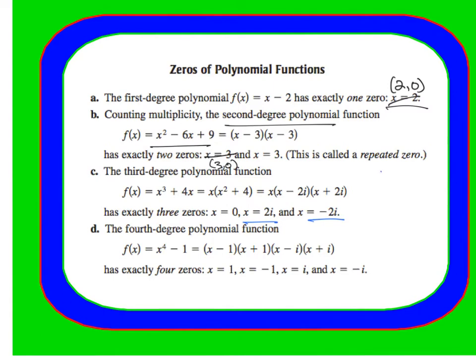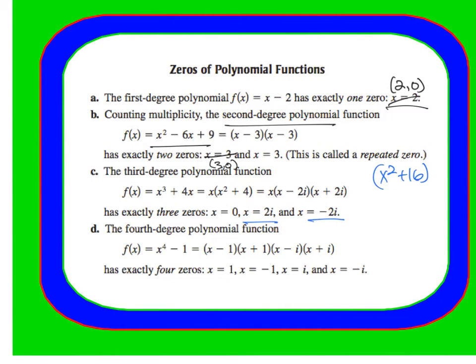Well, let's think about this one. What if I have x squared plus 16? How could I factor x squared plus 16? I could factor x squared minus 16 real easy, wouldn't I?